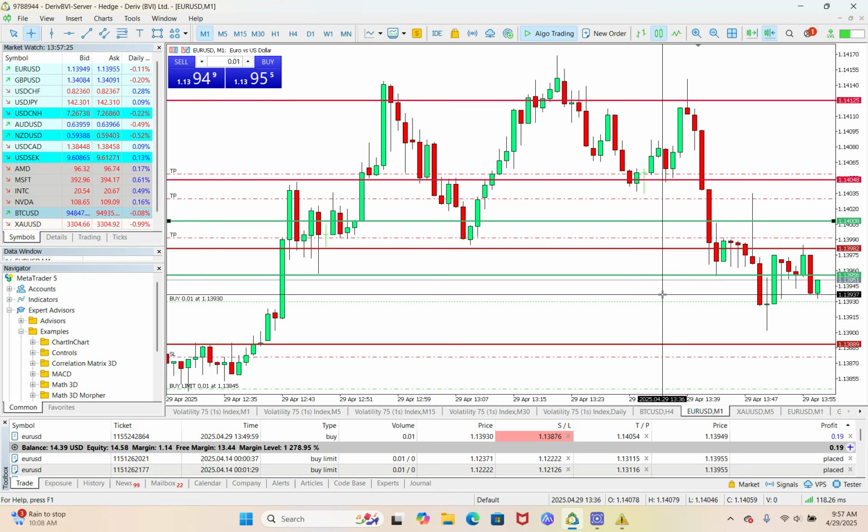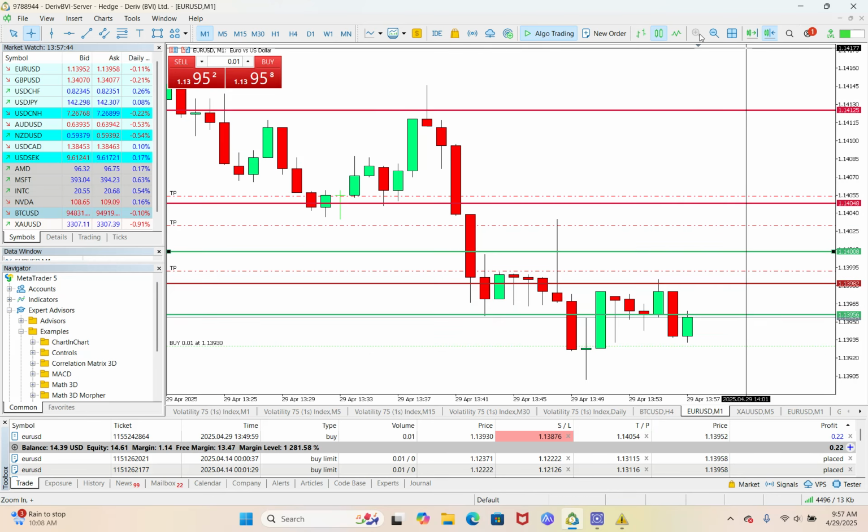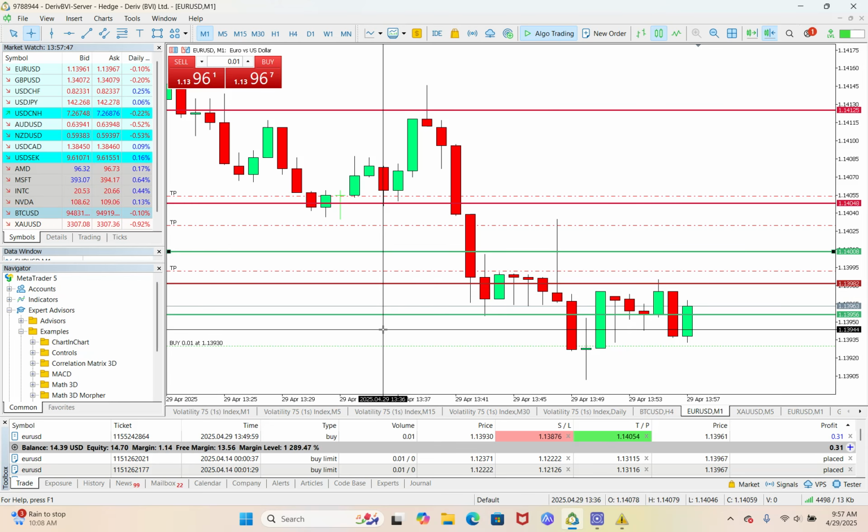Buyers try to retest the area. Sellers are now resisting. Right. Buyers got rejected. Buyers try to retest again. Buyers make a move to the upside. Sellers are resisting.